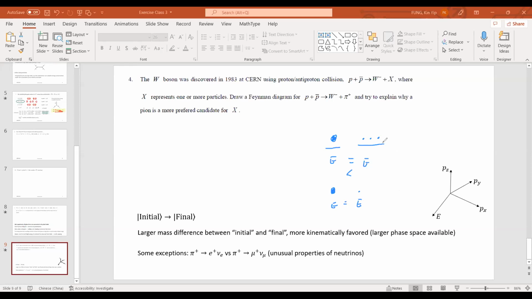So in simple words, it's about how much freedom the final state has to choose its energy and momentum. Is it clear?